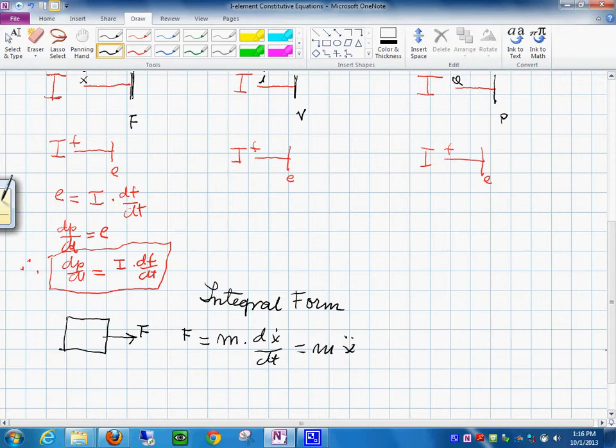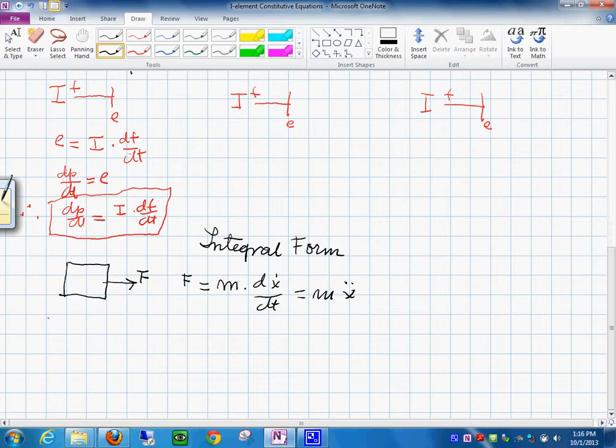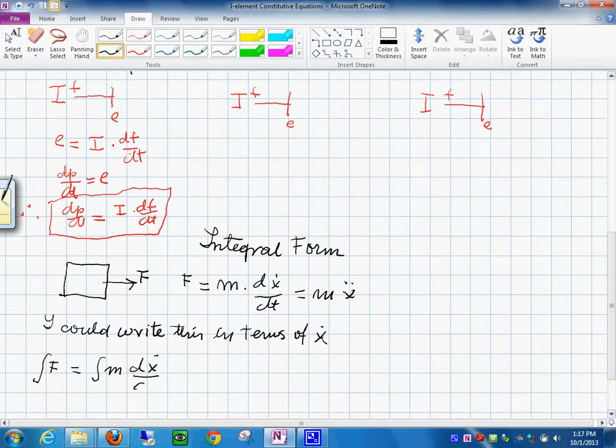But I could write this equation in terms of x dot. So if you do that, what you will end up doing is you integrate both sides. This would be the integral of m times dx dot dt like this. And what would you end up with?